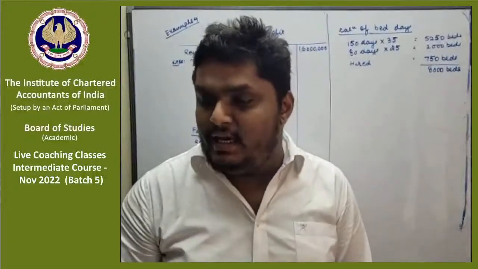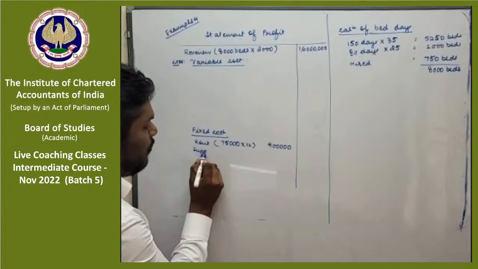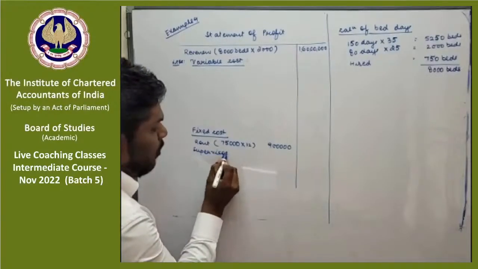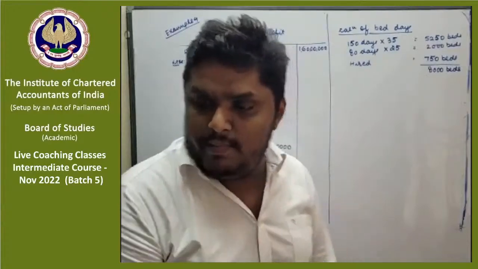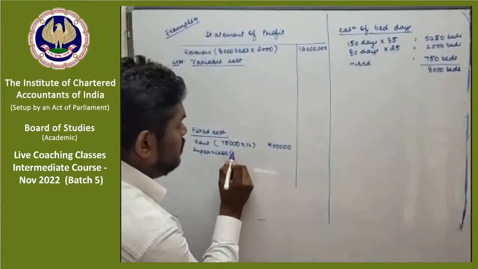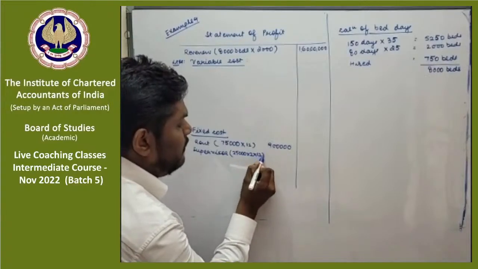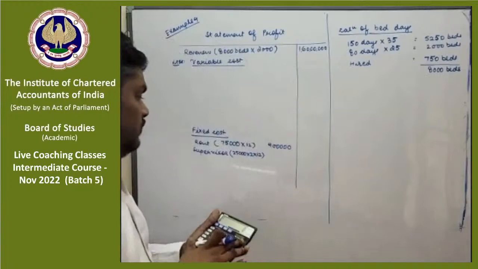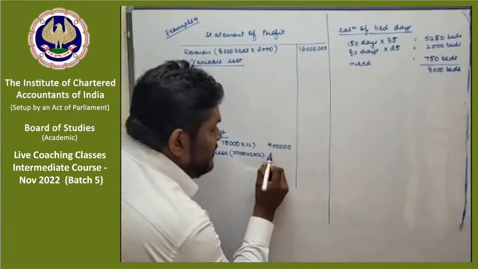Supervisor salary, again a fixed cost. That is 25,000 per month into 2 persons. So 25,000 into 2 into 12. So this will be 6 lakh.